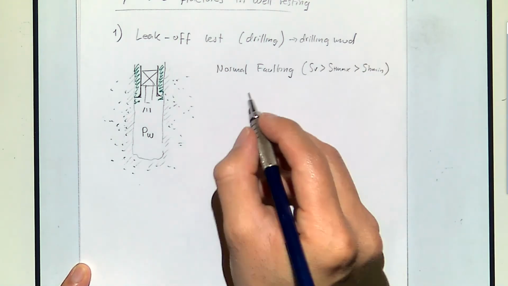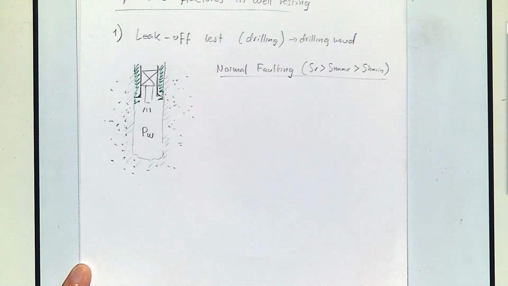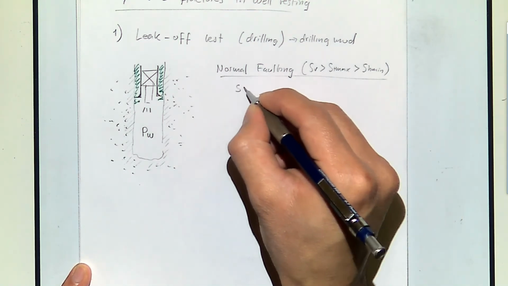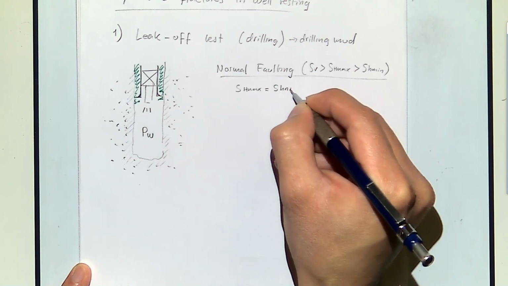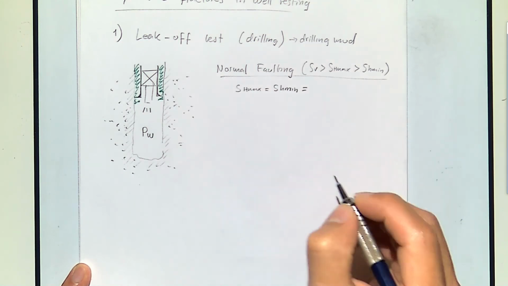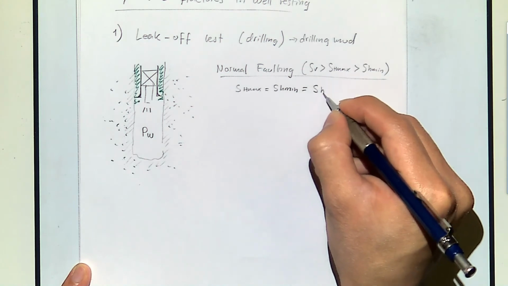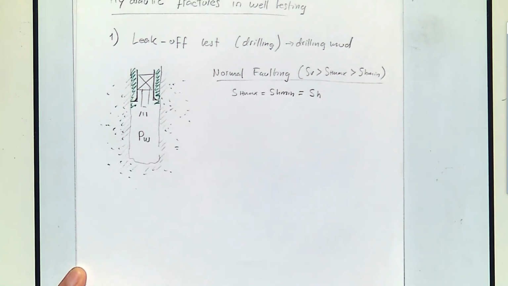And we're going to further assume, to make our equations a little bit simpler, that SH max is going to be the same as SH min, and I'm just going to call it SH.